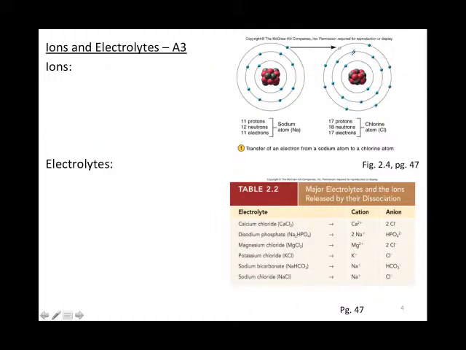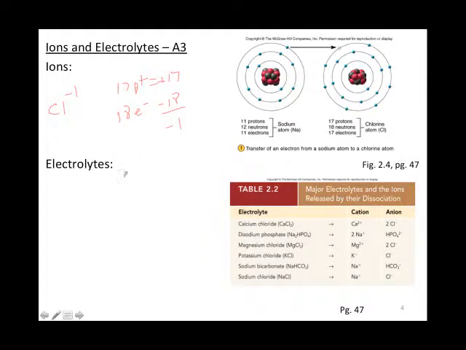We know that chlorine can actually receive an electron. If it does, it has 17 protons, 18 electrons. If we total those up, we get an overall charge of -1, and so we're going to say that chlorine has a -1 charge. Now, we don't deal a whole lot with this stuff in what we're going to talk about in A and P, but when you get to chemistry, this is stuff you will have to understand.